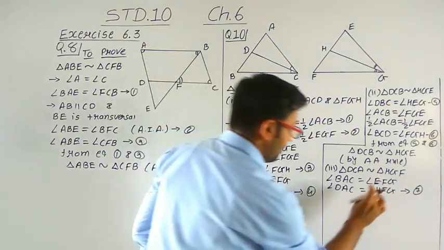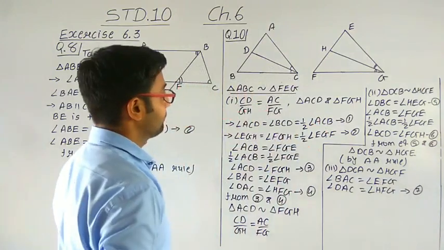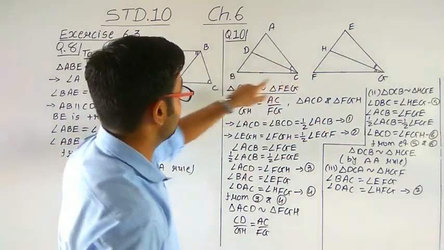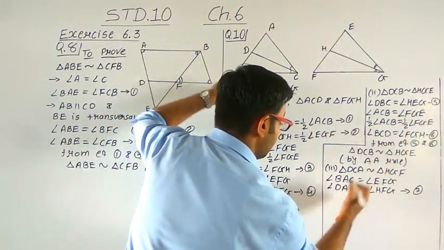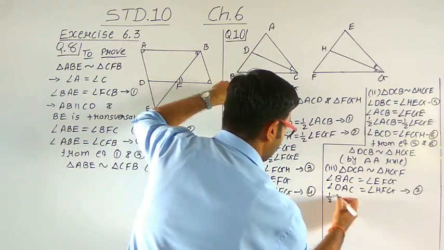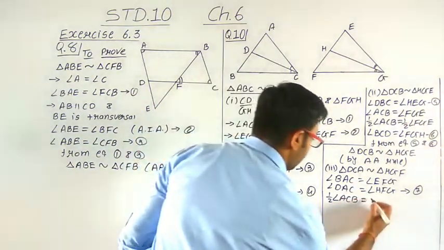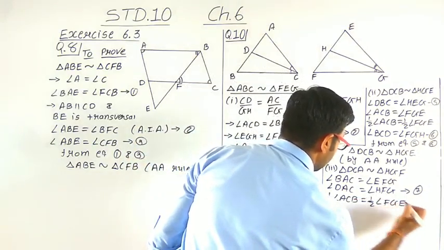So one of the angles of these two triangles is equal. Now think about the second angle. We can take this angle only because of ACB. Whatever we have done here, we have to do the same thing here. 1/2 of angle ACB we can write down as equal to 1/2 of angle FGE.